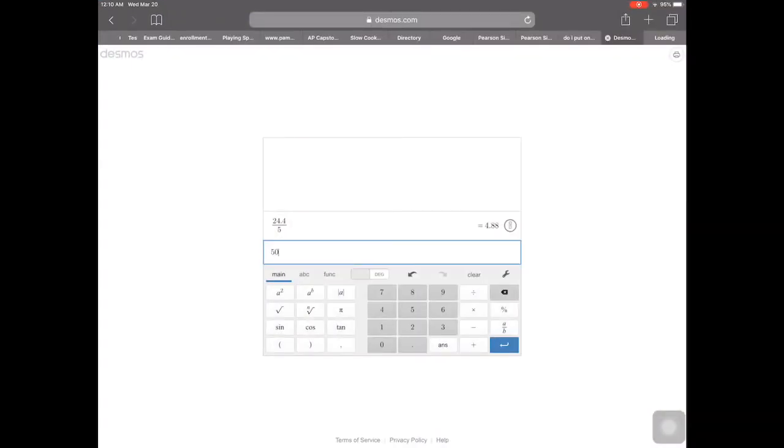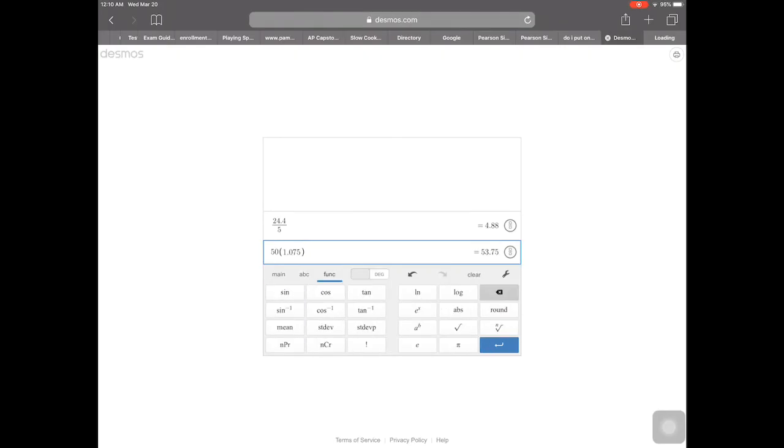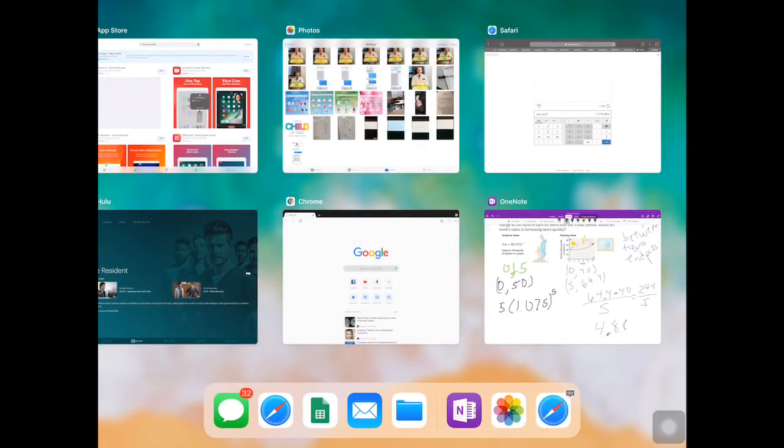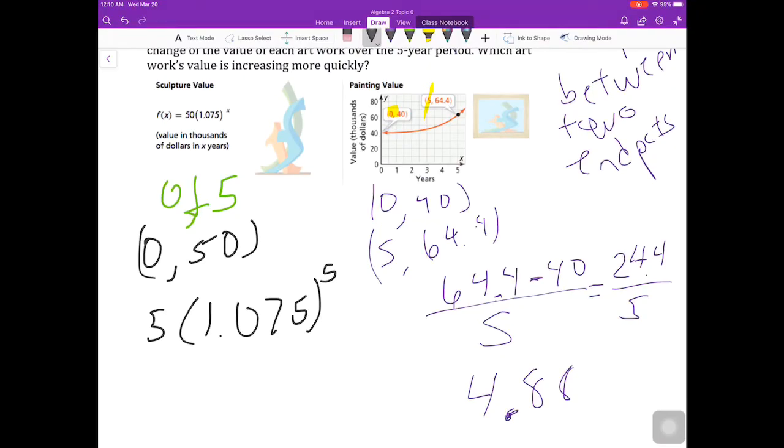So I'm going to do 50 times 1.075 to the 5th power, because we're going to try to do it after 5 years. And we get 71.78. So we're going to have 5 comma 71.78.